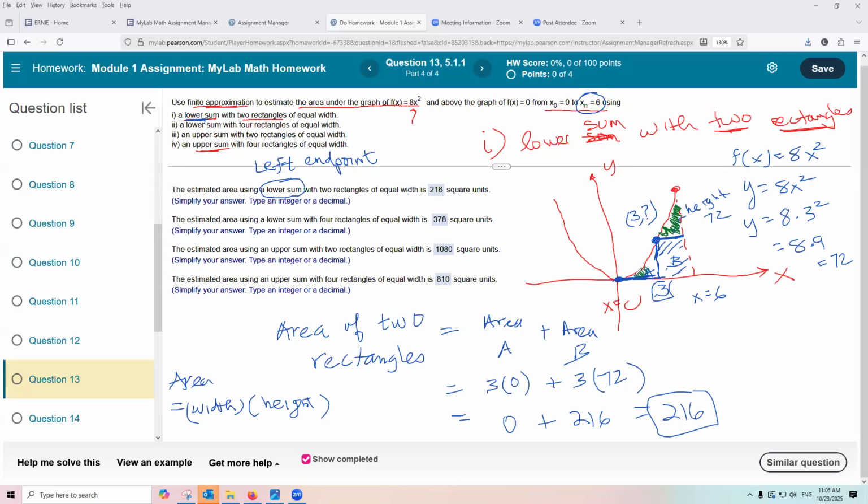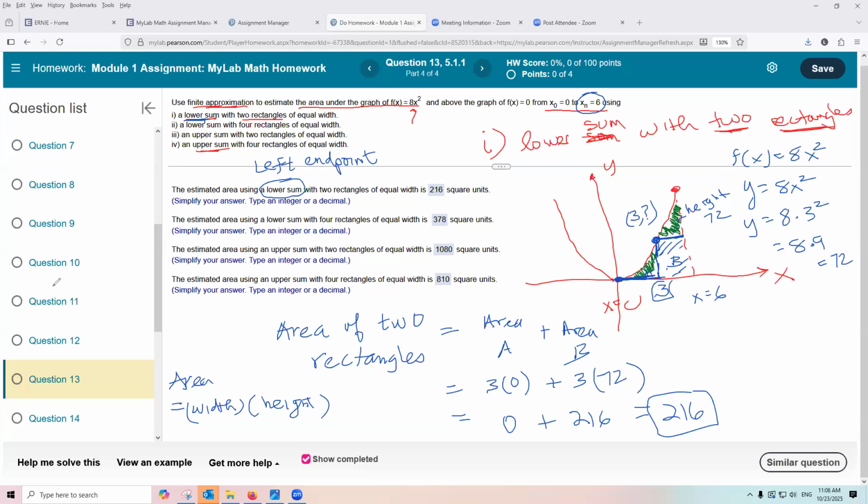And so my estimate here is not that good, because the green area includes the true area under the curve, but I'm not taking that into account. And so that's why more rectangles would be better. If you use more rectangles, you'll get a more accurate estimate of the area under the curve.